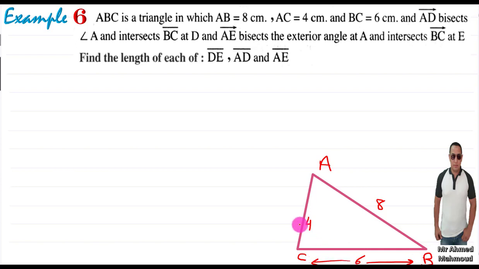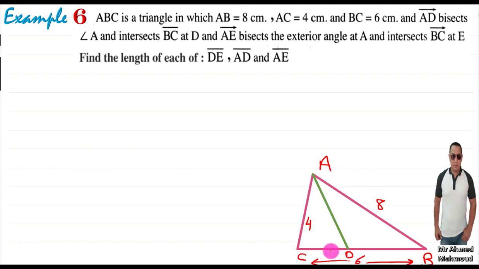Now AD bisects angle A and intersects BC at D. So from A I'm going to draw a ray like this, and this point is called D.